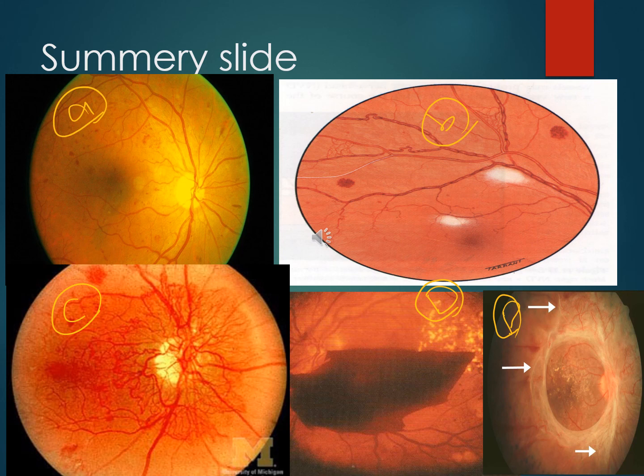Here, for example, in the D photos, the first one shows vitreous hemorrhage as a complication of proliferative diabetic retinopathy for a patient who doesn't receive treatment, or the treatment is ineffective. For example, he developed drop of vision from the vitreous hemorrhage.